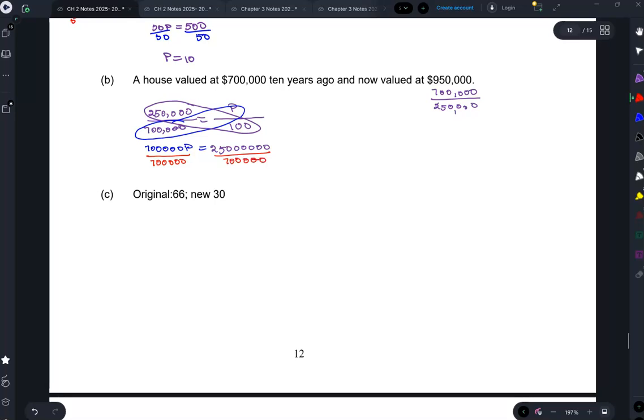Okay, so now take a look at what happens here. When you have a number like this, you can cancel out equal numbers of zeros. So 1, 2, 3, 4, 5 zeros. So that becomes 250 over 7. Okay? And what I want to do now is plug that into my calculator. So let's go ahead and do that.